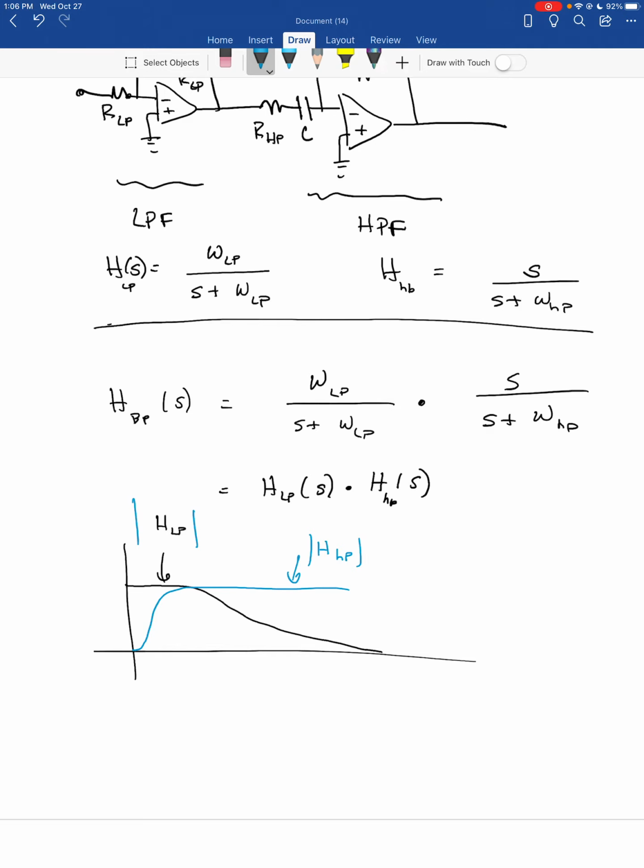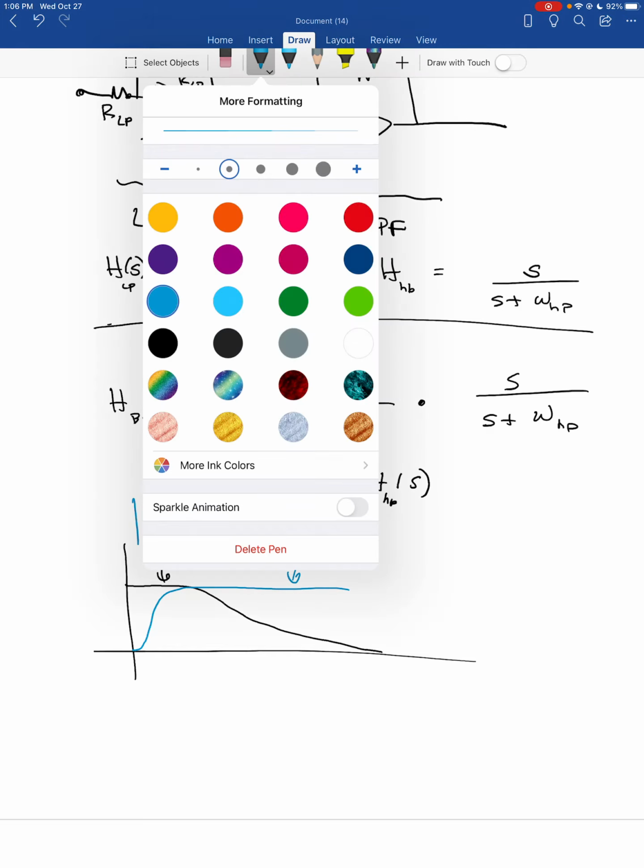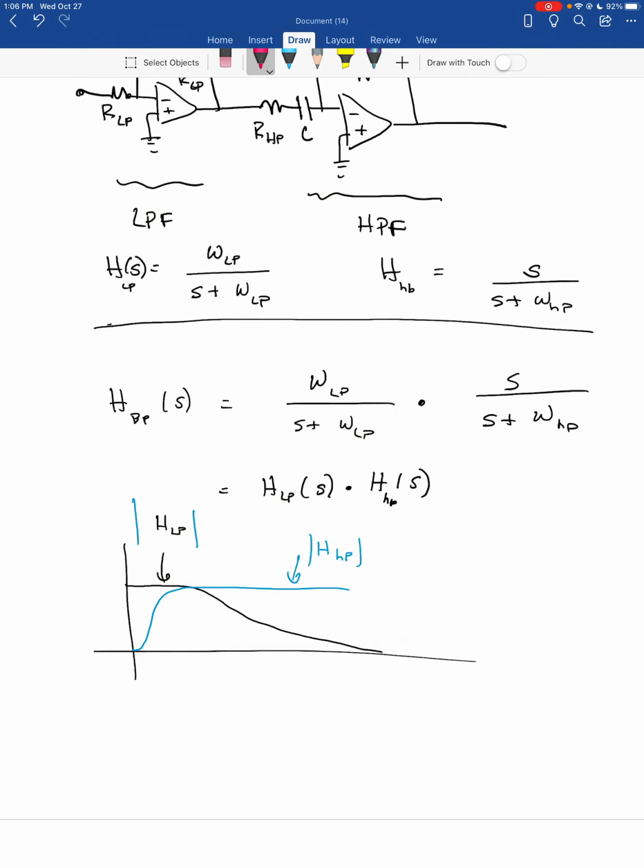So if I multiply these two together, and I don't have a great scale going here, this is 1, and it's going to multiply this, and when they're both close to 1, I'll have a result close to 1, and then when this starts to roll off, the result follows. I'm not doing a great job of drawing this, but I think you get the picture that the 0 part of the high pass filter at low frequencies zeroes out the low pass filter, and vice versa.